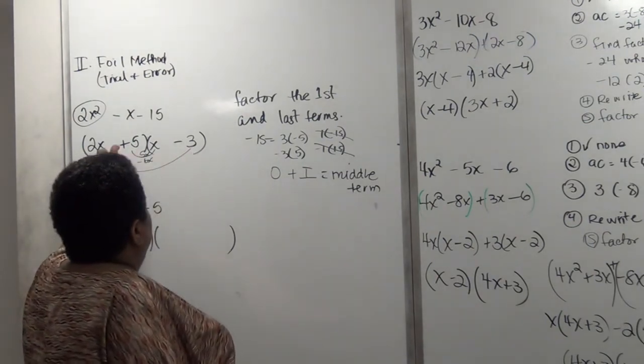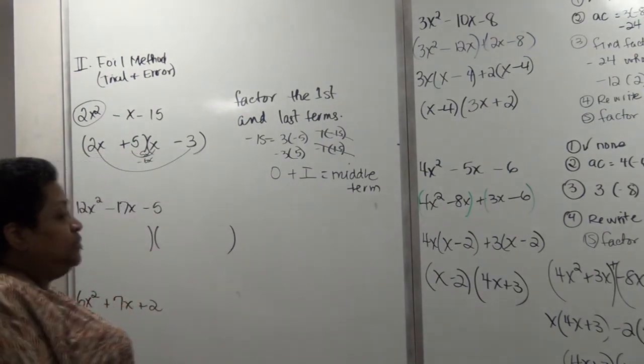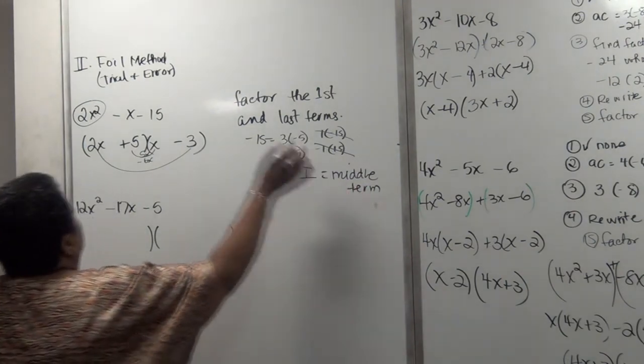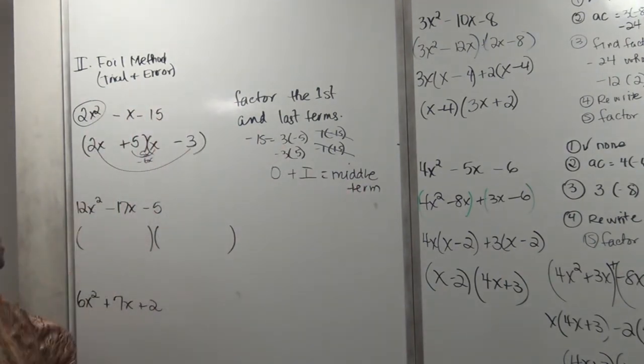The outer and the inners. Okay? O plus I has to equal the middle term, which is this term right here. So our O and I have to add up to what? What's the middle term in this problem? Negative 17.